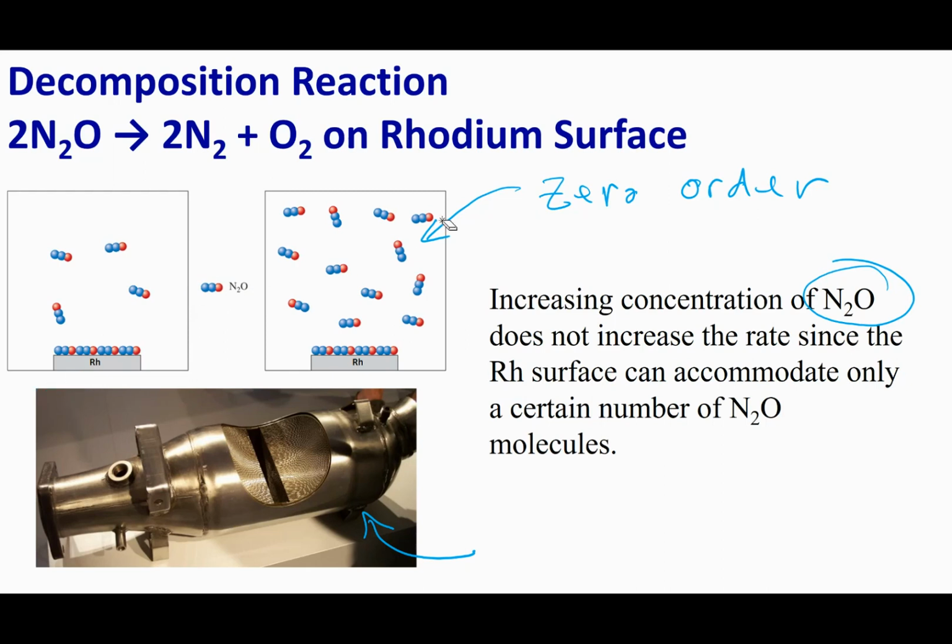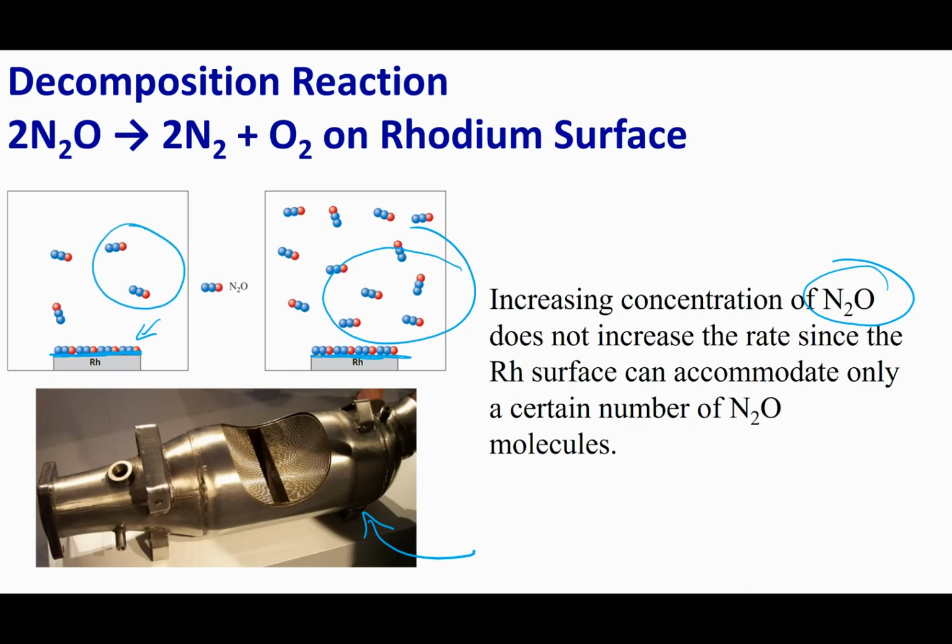And the reason it doesn't matter is if you remember the process that I described, for this reaction to be catalyzed, I have to have my molecules absorb onto the surface. Now, there's only so much surface. Once I fill up the surface, no other new molecules can proceed with this reaction. So the concentration of my gas doesn't matter because the surface is already filled.